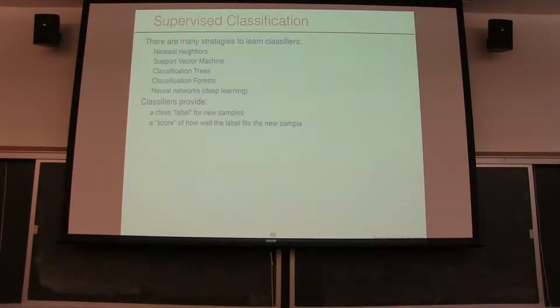So there are many ways of doing this classifier. In this paper, they actually use a random forest, which is one particular way of doing classifiers. One of the nice things was that they could do this in real time. So you could pass the image, and in real time you would get your semantic edges.